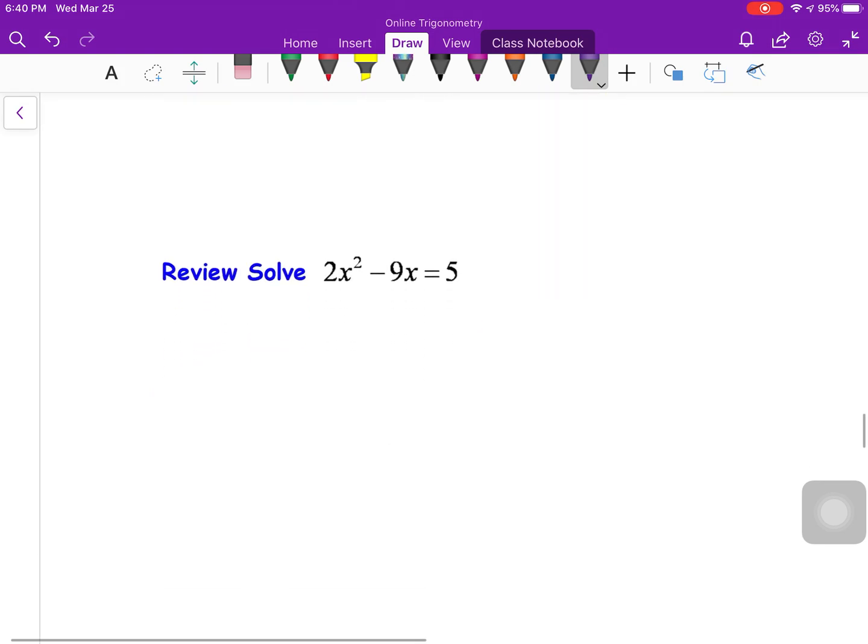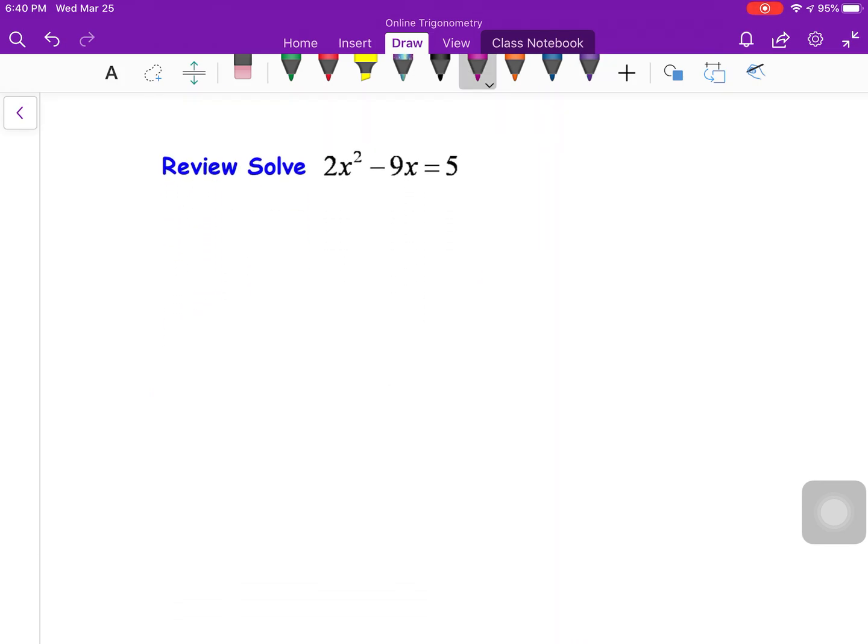Okay, let's take a look at number 6. Now, number 6 is an algebra problem. We would have solved this one probably using factoring. So I'll subtract 5, because we need it set equal to 0. I can't factor out any common factor, so instead, I'll try to factor it as a general trinomial.